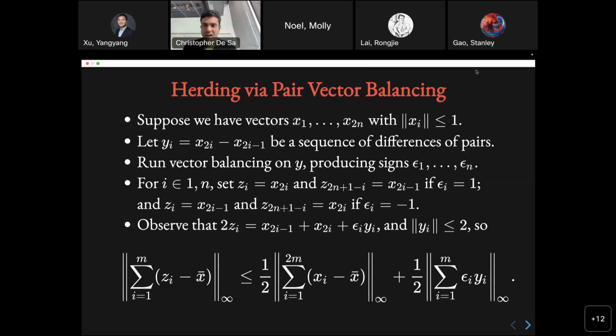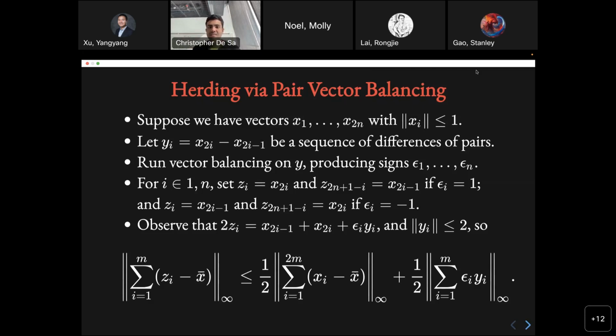We run a vector balancing algorithm as a subroutine on y, producing our signs epsilon 1, epsilon 2 through epsilon n. Then for i goes from 1 to n, we set zi to be equal to x sub 2i, and z of 2n plus 1 minus i to be equal to x sub 2i minus 1 if epsilon i is equal to 1, and vice versa otherwise.